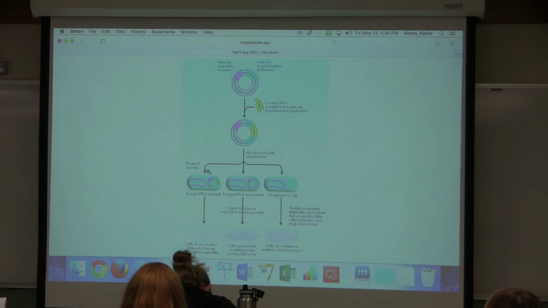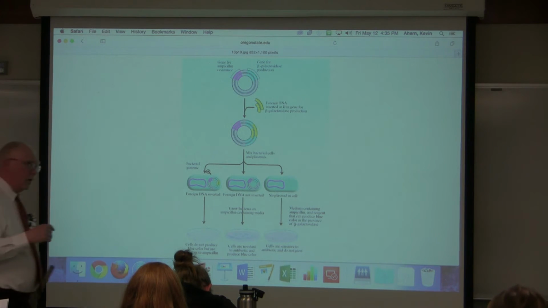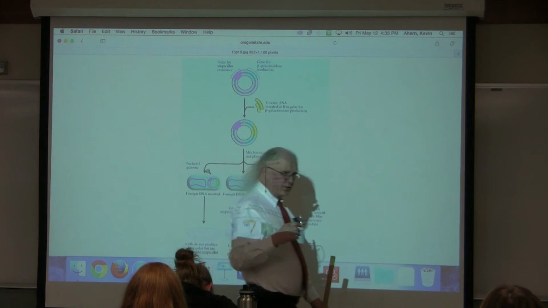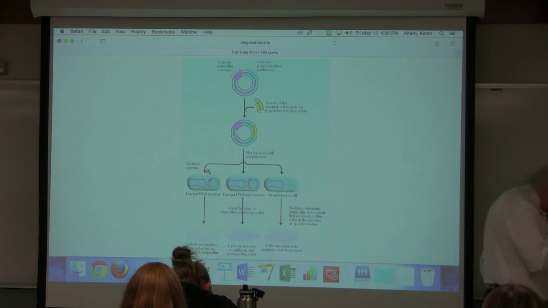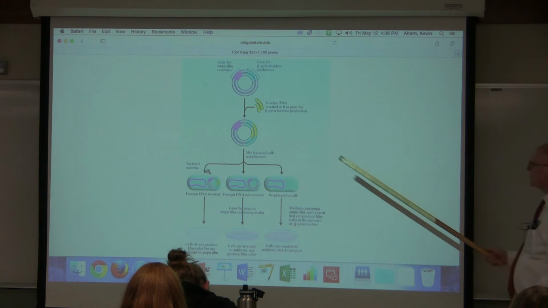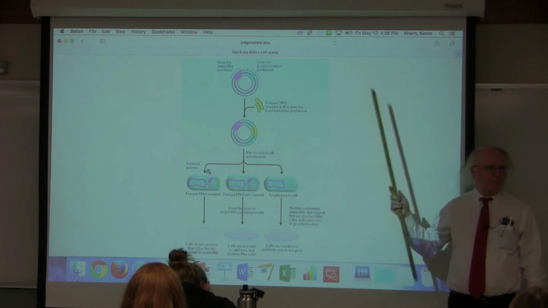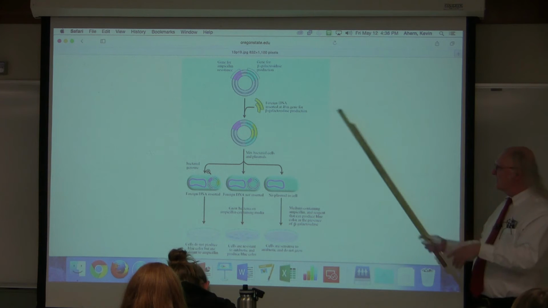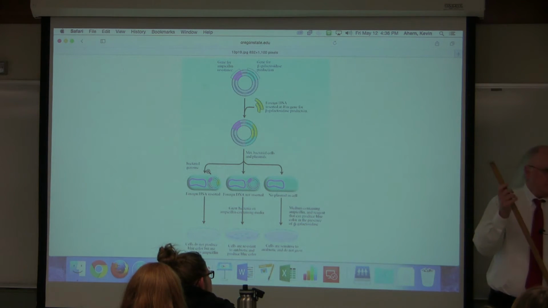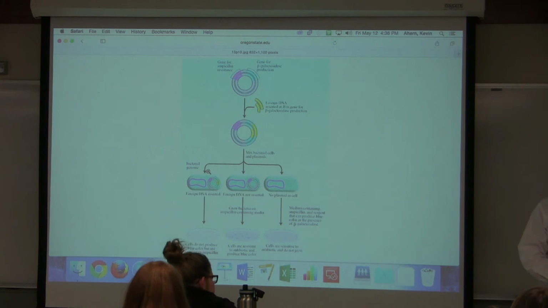We had to have an inducer molecule, right? Well, if we use lactose as an inducer molecule, and we are breaking down lactose with this enzyme, we're going to be destroying our inducer molecule over time, right? So over time, we're going to see less and less of what we're after. So we may have variable results with that.